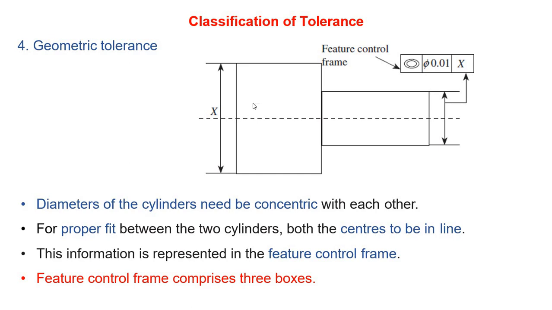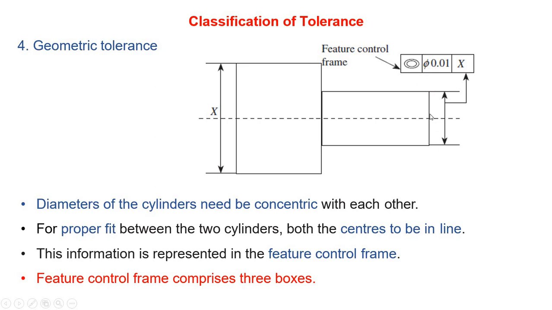By this symbol or diagram we can conclude that this surface is to be maintained to a concentricity of 0.01 mm, a cylindrical or radial tolerance. This symbol indicates the radial tolerance.